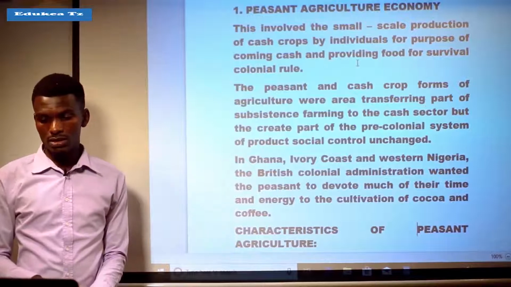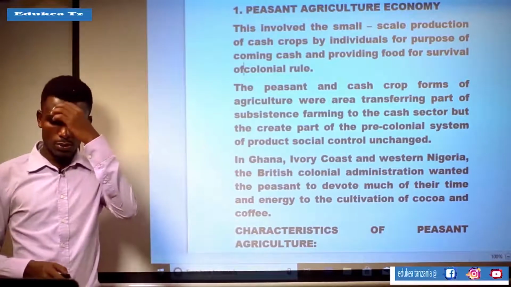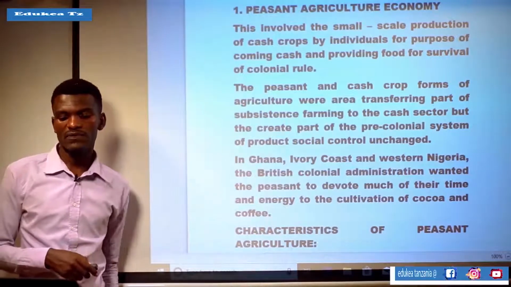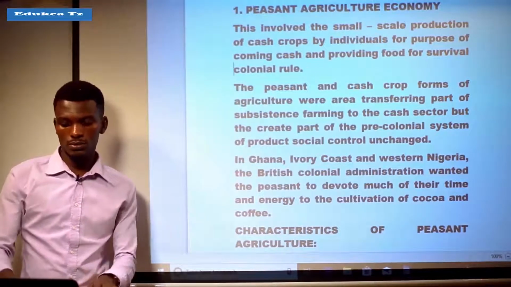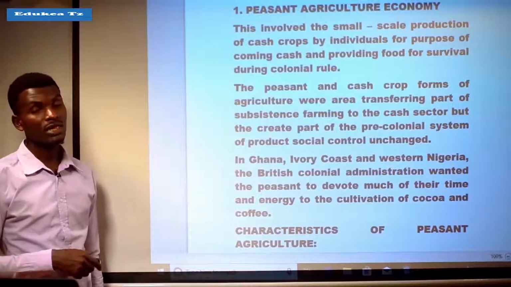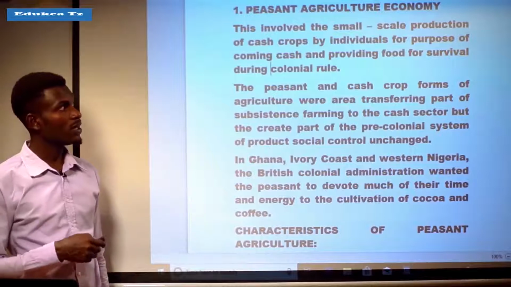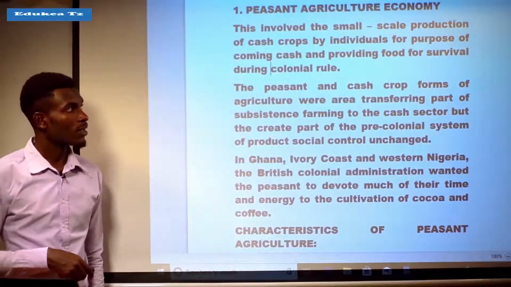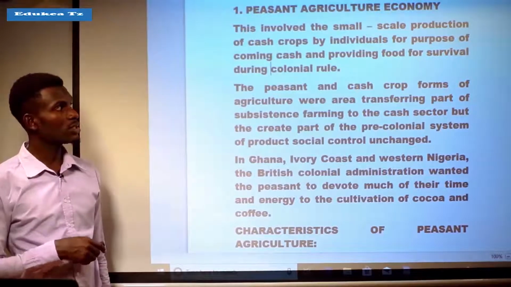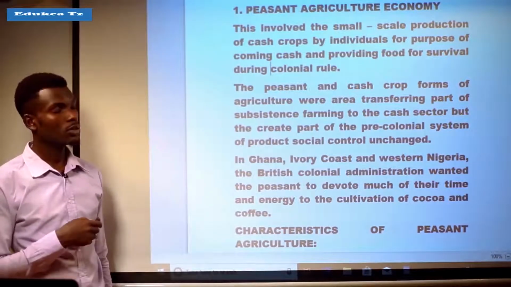It means that the Africans were producing both cash crops and food for their survival during colonial rule, involving themselves in small-scale production of agricultural products such as cash crops and food crops for the purpose of producing cash and providing food.